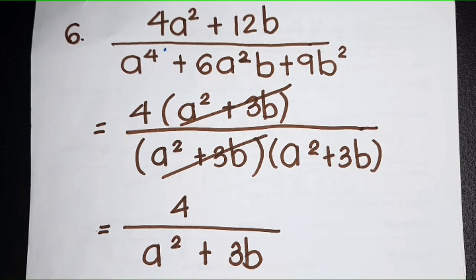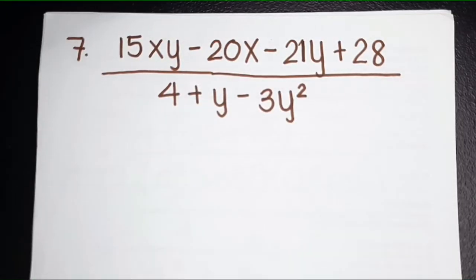Okay? Okay, let's have the last example. So, this is our last example. What do you notice? In the numerator, it is not a trinomial. It is a polynomial with 4 terms. Okay?